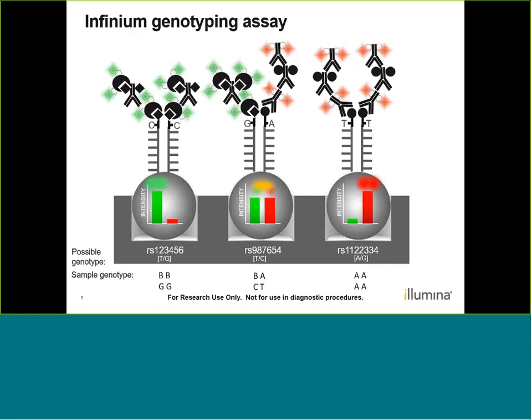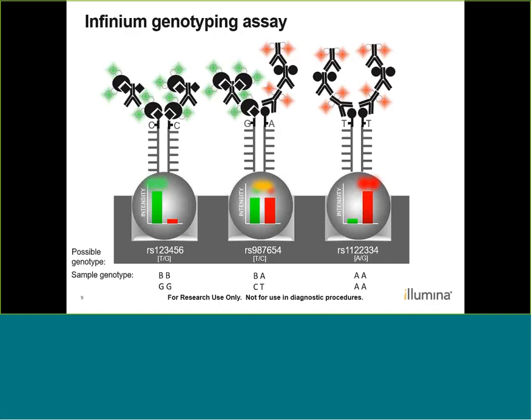The sample genotypes, according to the colors that we see: A's and T's are read in the red channel. So what we see on the right is both chromosome alleles for this sample have the A genotype. So this is AA, and it's all red. If we look at the left, G's and C's are read in the green channel.